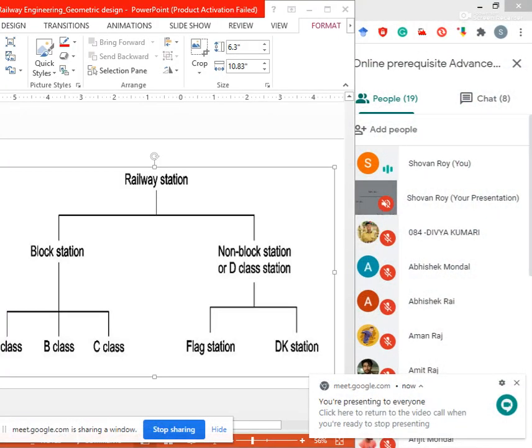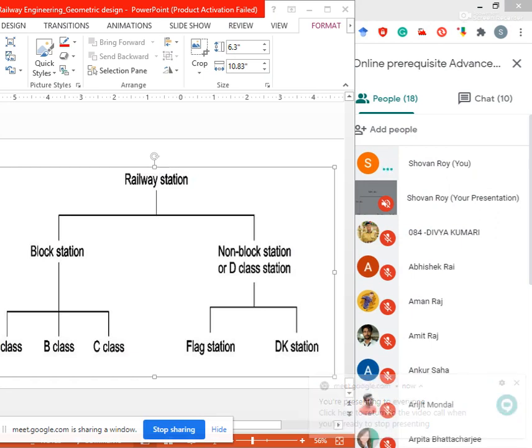Railway stations can be broadly classified on the basis of three main considerations: operational, functional and financial. These things are theory. Somehow I am dictating, but you should read again. You should read from the book.